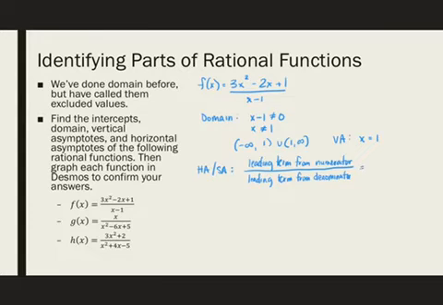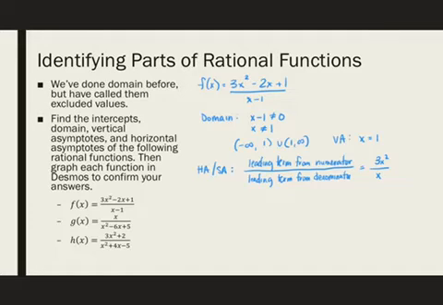Okay, and just like we did when we were looking at polynomials, the leading term is the biggest term and its coefficient. So in the top, it's 3x squared. In the bottom, it's x. So you're treating these as just kind of separate polynomials for a while. What does the polynomial on the top tell us? What does the polynomial on the bottom tell us? And we're just going to kind of pretend they're separate for a little bit.